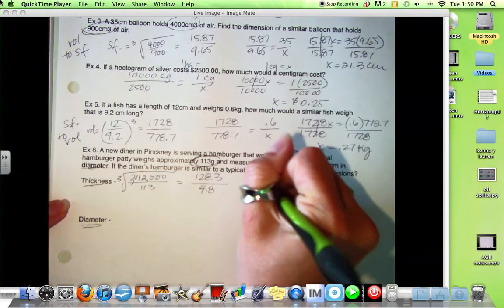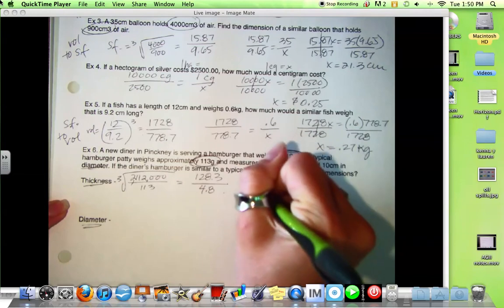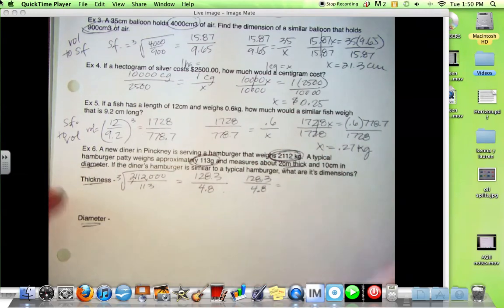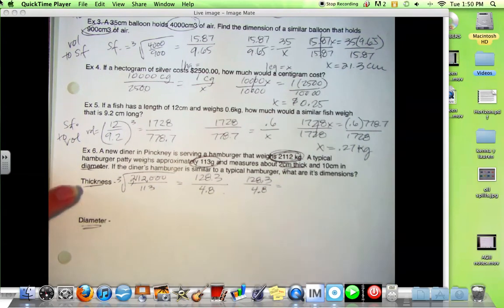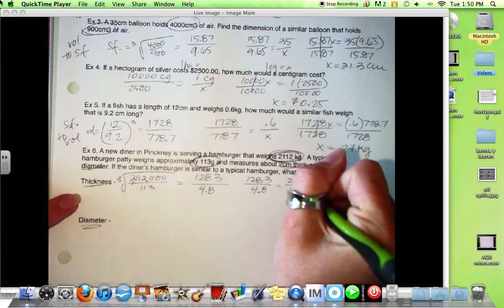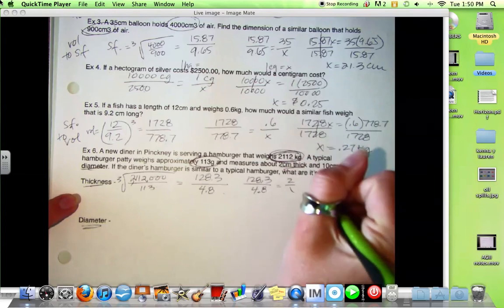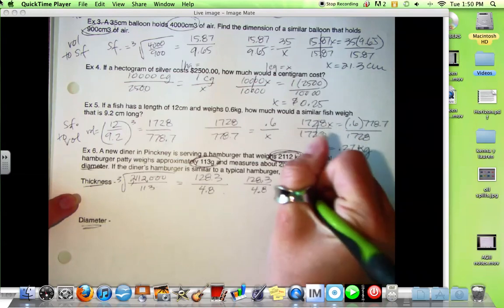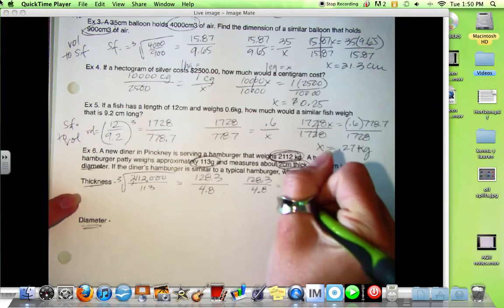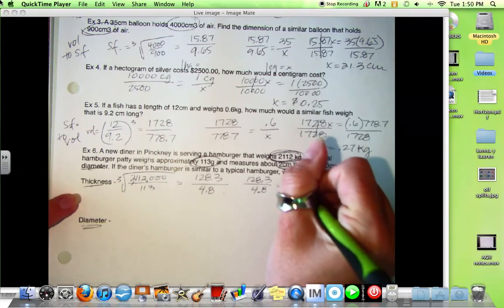So 128.3 over 4.8 equals x over 2. Thickness, 2 over x? Did you get the 2 from? No, you're right. The 2 is right here, 2 centimeters thick. So it's x over 2, because we're trying to find out the thickness of the bigger one.